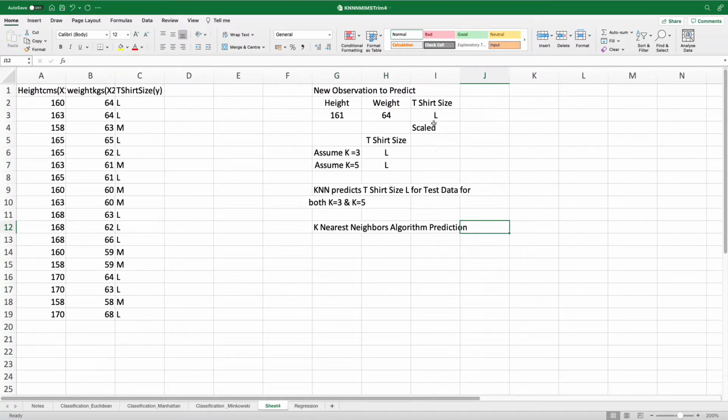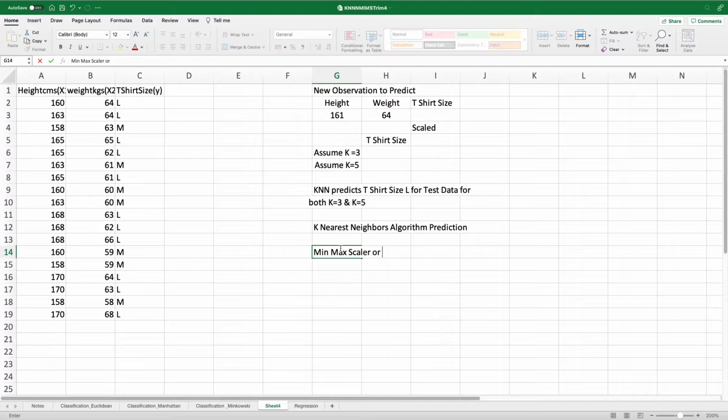For scaling the data, we will be using min-max scalar or normalization. Okay, all of you copy the data into your new sheet.